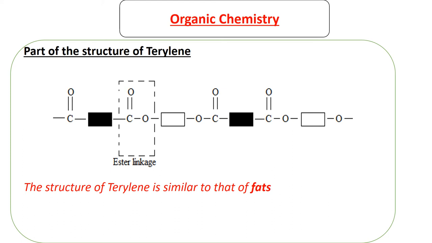The structure of terylene is similar to that of fats. So nylon is to proteins as terylene is to fats. Terylene and fats are polyesters. Nylon and proteins are polyamides.